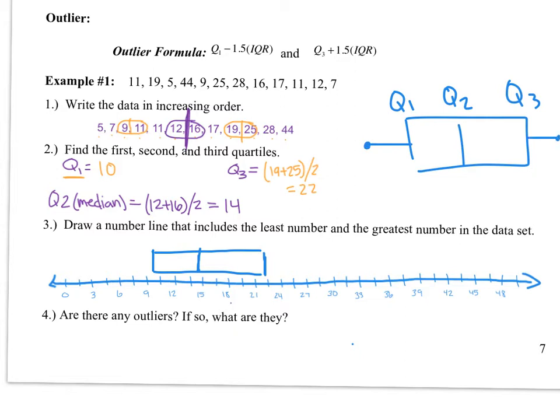So what is our lowest value and our highest value? Our lowest value is 5, so that would be your whisker, and the highest is 44. So there's your box and your whiskers.